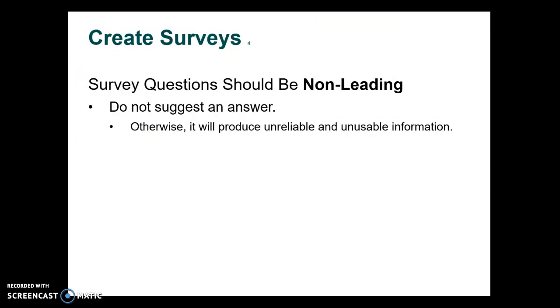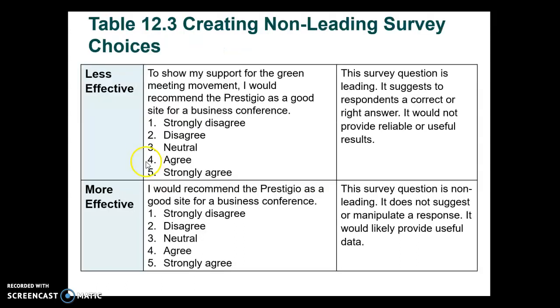Non-leading. When you say that a question is non-leading, it means that you're not pushing the reader towards the answer that you want them to give you, or the question doesn't suggest or imply the answer in the actual question. So we're going to look at this one.